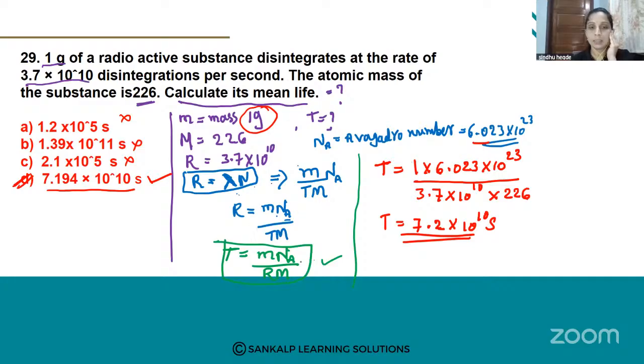So finally it becomes T is equal to mNA by Rm. Substitute all the things and calculate the T value. Here you should remember the Avogadro number, 6.023 into 10 raised to 23. It is not given in your question. You have to remember this and substitute.